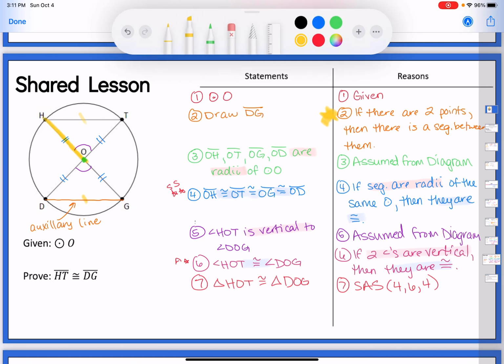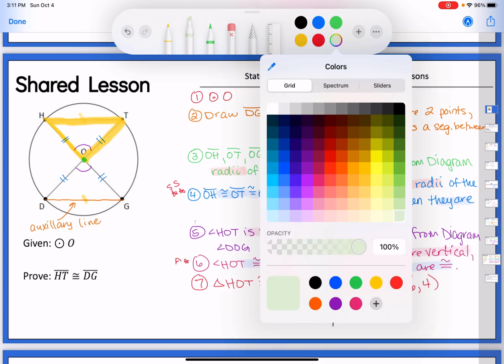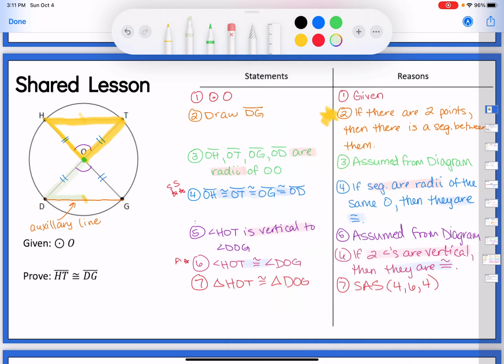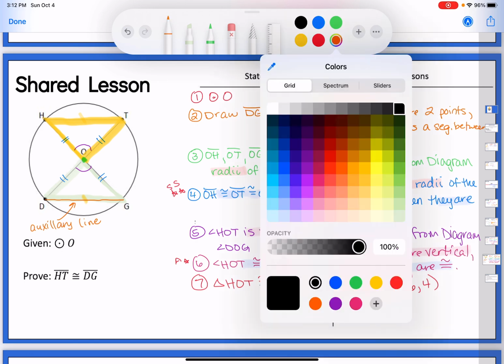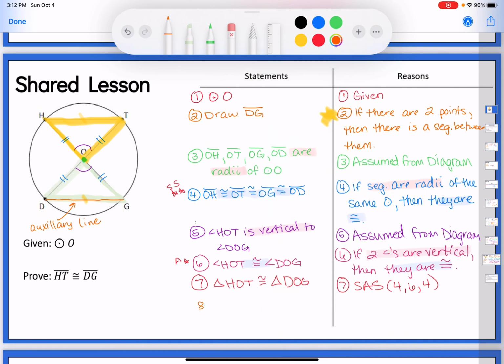Okay, so I just proved that this triangle up here is congruent to this triangle down here. And now I believe I can use my idea of corresponding parts in order to get those segments that I want to be congruent. So last step here, step 8, segment HT is congruent to segment DG.